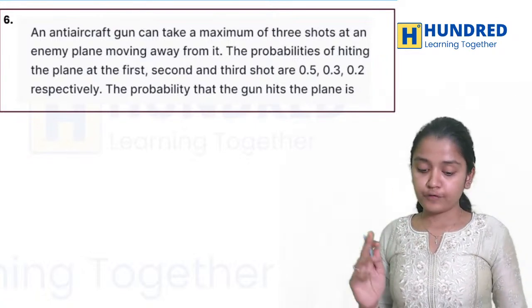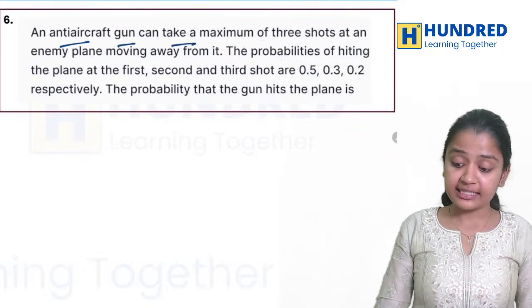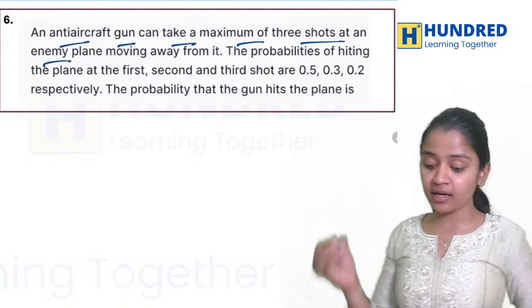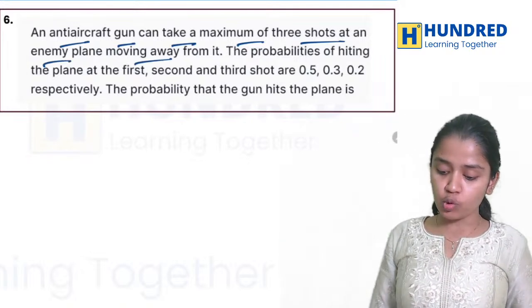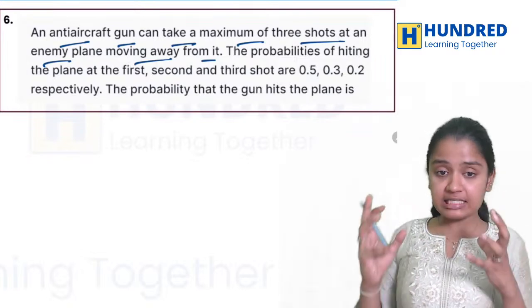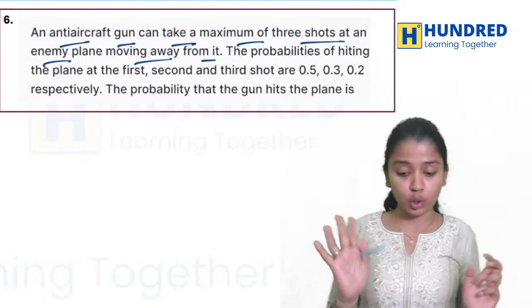Okay. So first one, ஒரு anti-aircraft gun can take maximum of 3 shots at an enemy plane moving from it. So ஒரு gun வந்துட்டு maximum 3 shot அதால சுட முடியும். ஓகேவா?